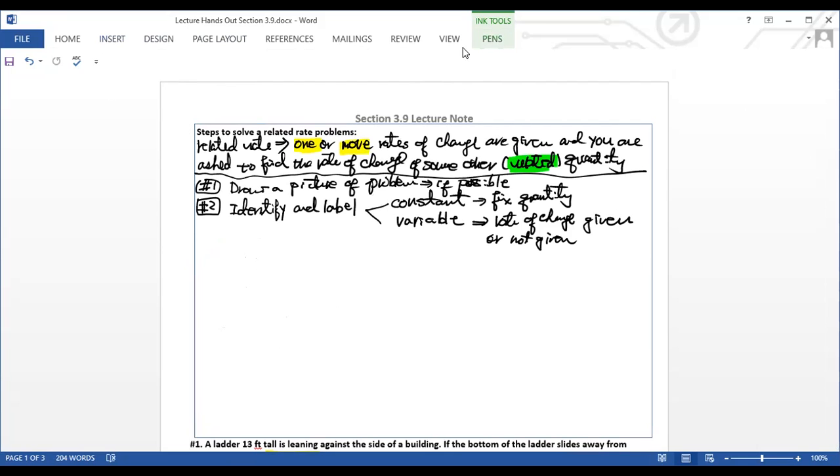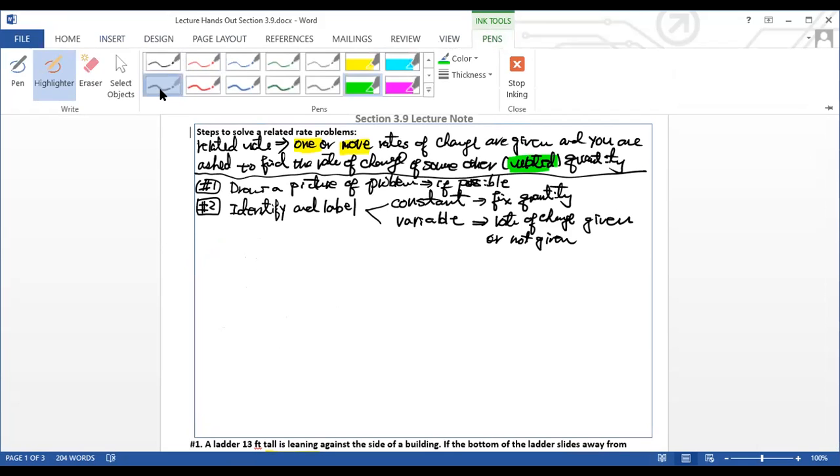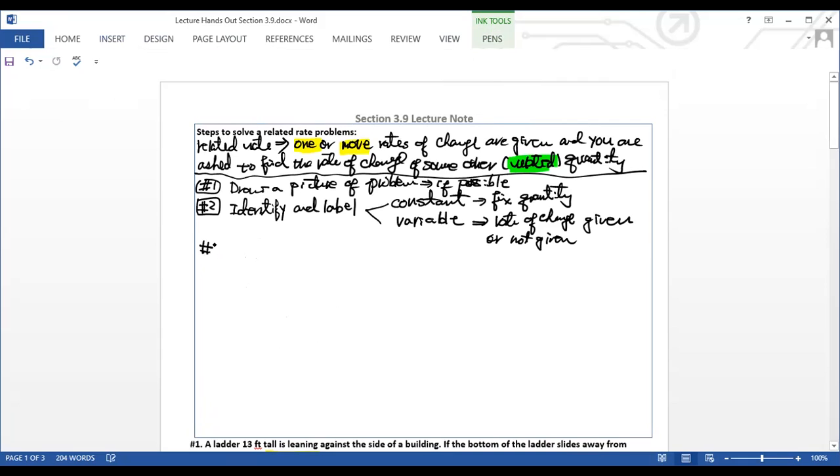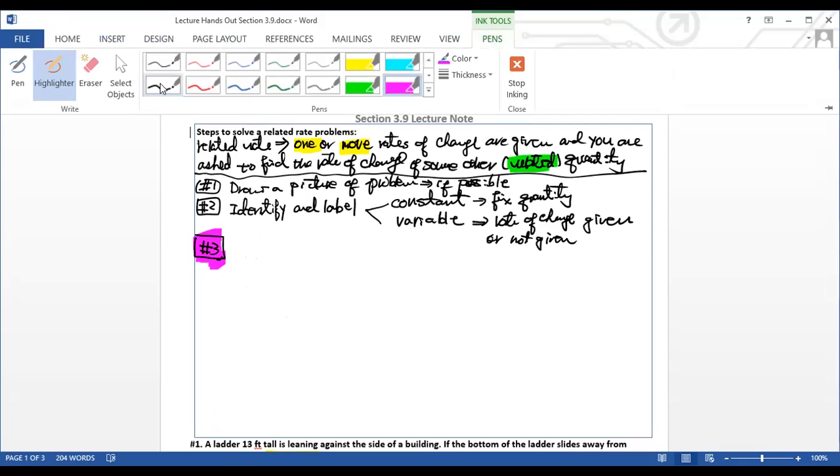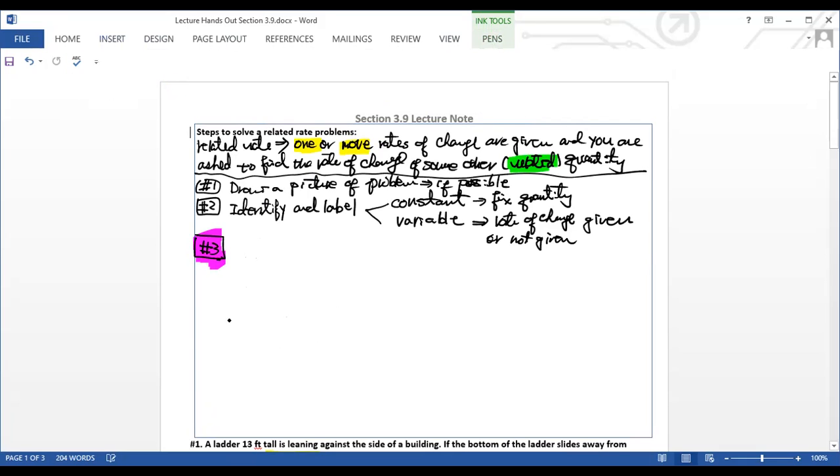Okay, step number 3. To me, I think this is probably the hardest step. Whether you are able to solve the related rate problem or not, step number 3 is probably the hardest one. So what is step number 3?